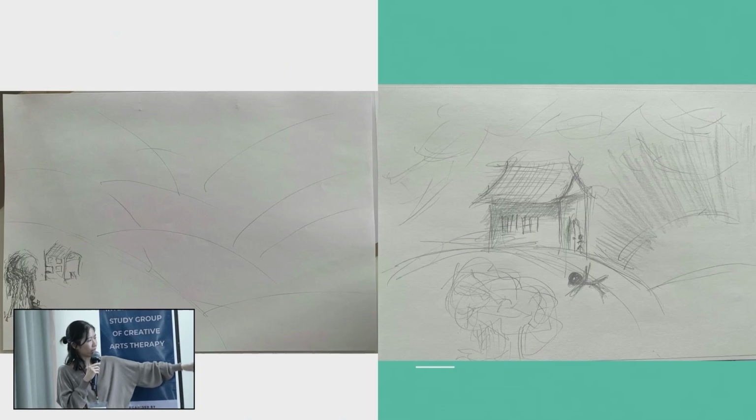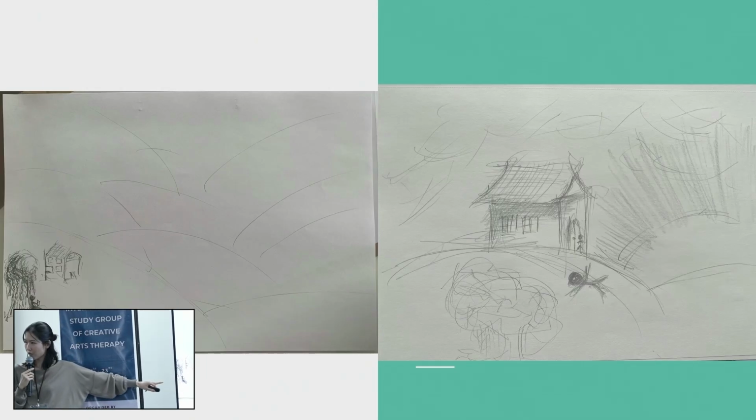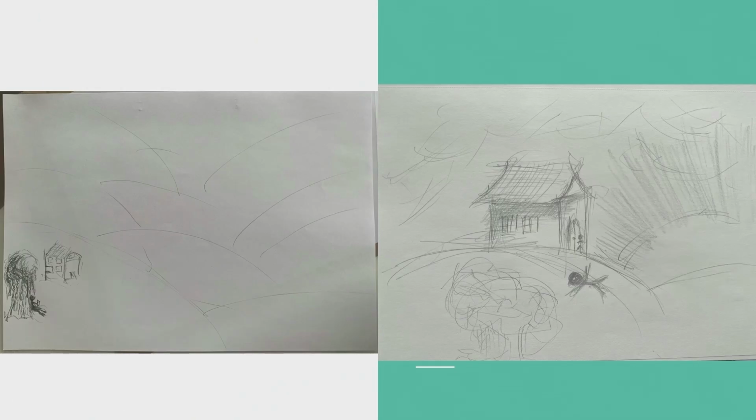So you see the house here, the person, and the tree doesn't look nurturing at all, like creepy. And the person leans on it, right? And the house, I was like, okay. And he said, too many people in the house, I don't want to be in that.